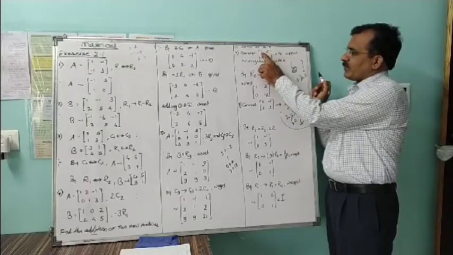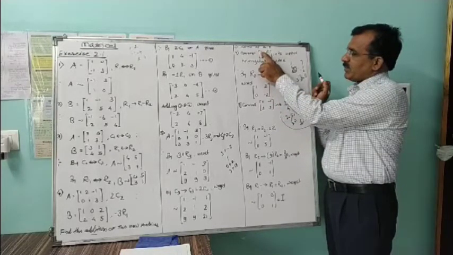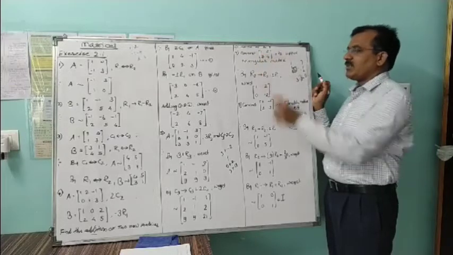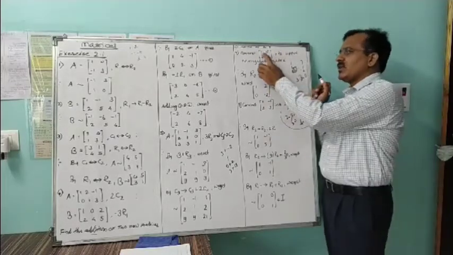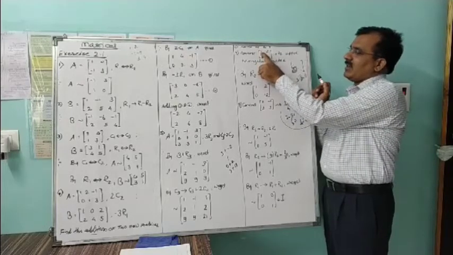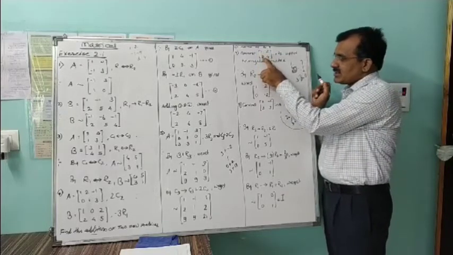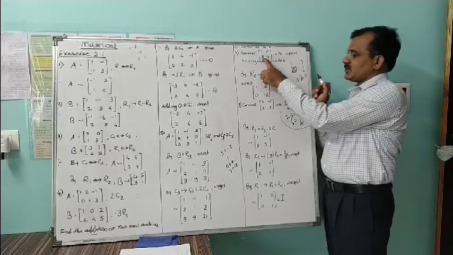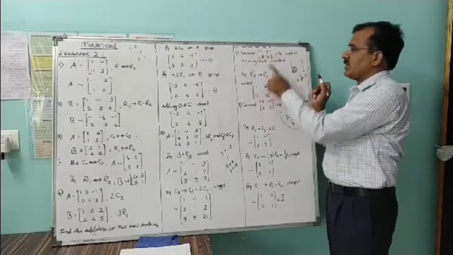Multiply the first row element by 3 and subtract it from the corresponding element of the second row. So this number is multiplied by 3, the answer is 3, and subtracting it from this second row element gives us 3 minus 3 as 0.